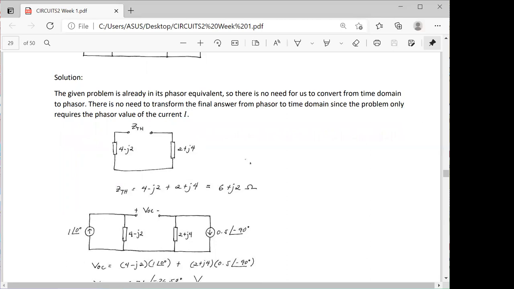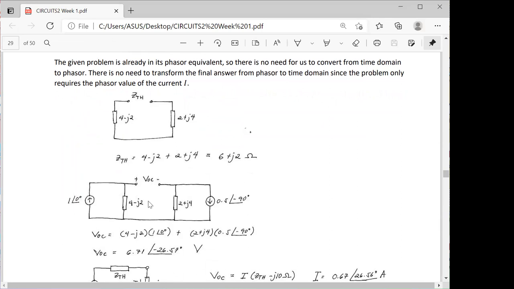Only the negative J10. Once we remove the negative J10 and replace it with this open terminal, we place this VOC at this open terminal. From this open terminal, we're going to solve for our VOC, the open circuit voltage.